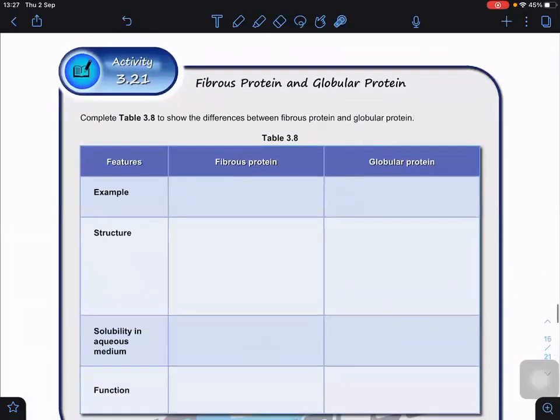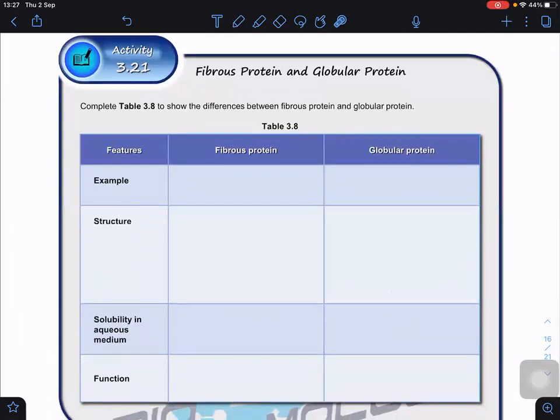Okay, so let us compare between these two, okay, to find out the differences between the fibrous protein and globular protein. Example of the fibrous protein, keratin and collagens, they are well-known fibrous protein. Okay, and how about the globular protein? Globular proteins actually enzyme, some water-soluble hormones, hemoglobins, they are globular proteins.